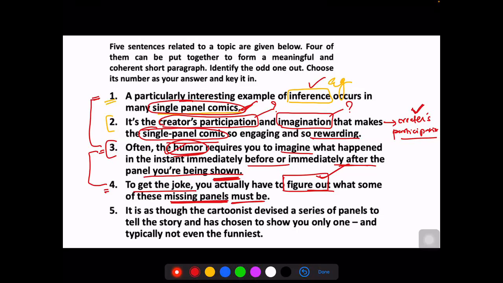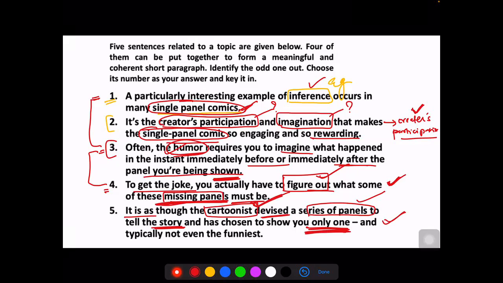It is as though the cartoonist devised a series of panels to tell the story. Now we are figuring out the missing panels from the fourth option, and they are saying the cartoonist devised a series of panels to narrate the story and has chosen to show you only one. So the remaining missing panels we need to figure out.